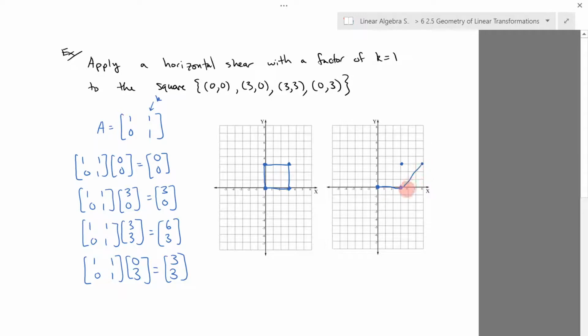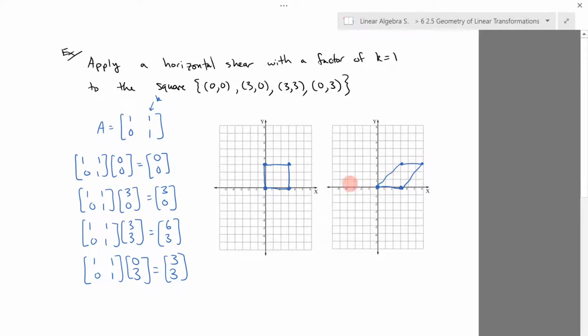So now if I connect the vertices, it looks like this. So basically what happens is, because we're doing horizontal shearing, things that are on the x-axis stay exactly the same, but things that are farther from the x-axis get shifted over more.